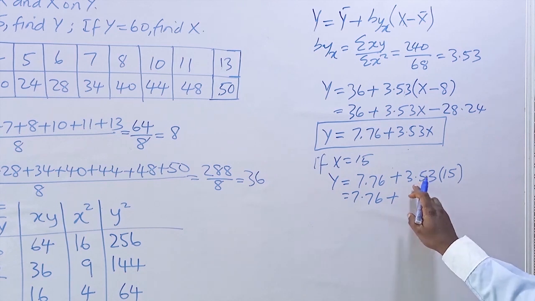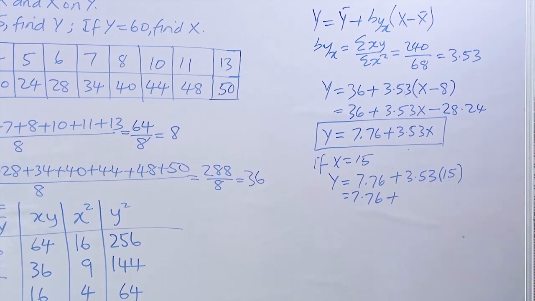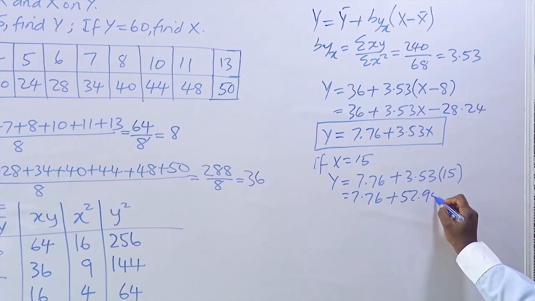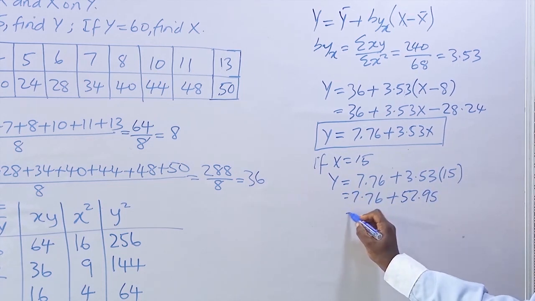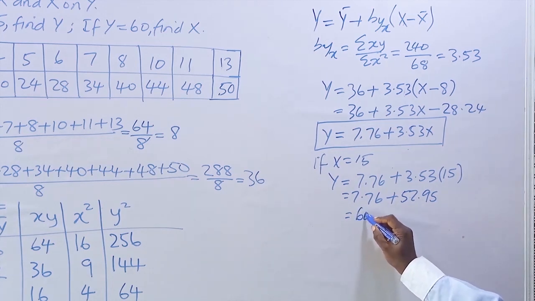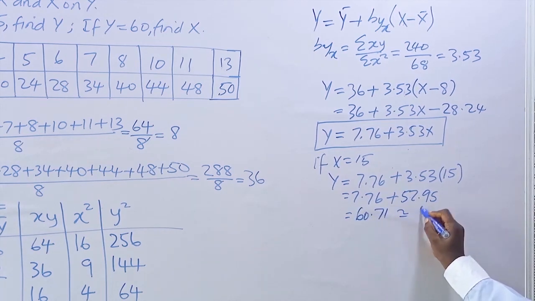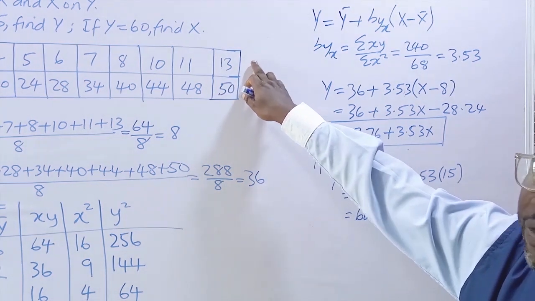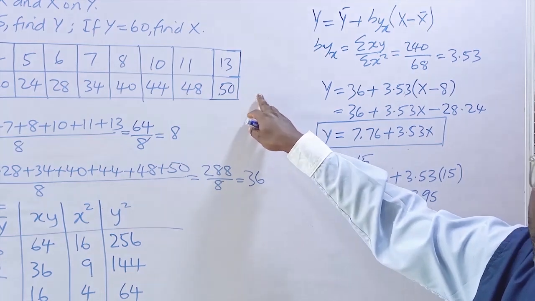What would that give us? 3.53 times 15 will give us 52.95. And so y will be, adding these two, 60.71. So approximately 61. So it makes sense that if we have 15 here, this will increase to 61.